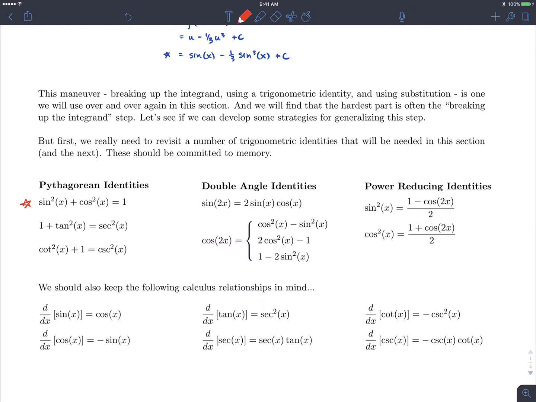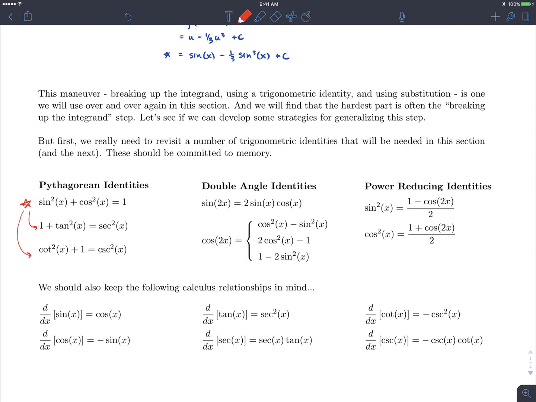If you divide everything in that first equation by sine squared, you would get this one. And if you divided everything by cosine squared, you would get this one. So you can generate those relatively simply.